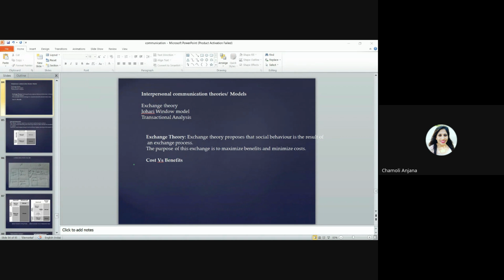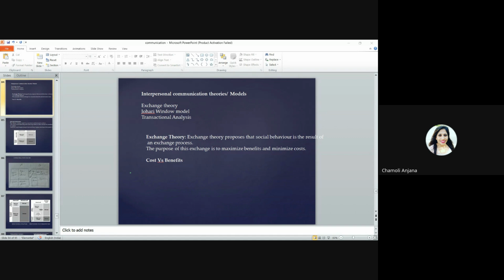So exchange theory says that a relationship exists as long as the people involved feel that the benefits they are getting are more than the cost they have invested in the relationship. Based upon weighing this cost and benefit, the people involved in the relationship will decide whether they have to continue that relationship or not.